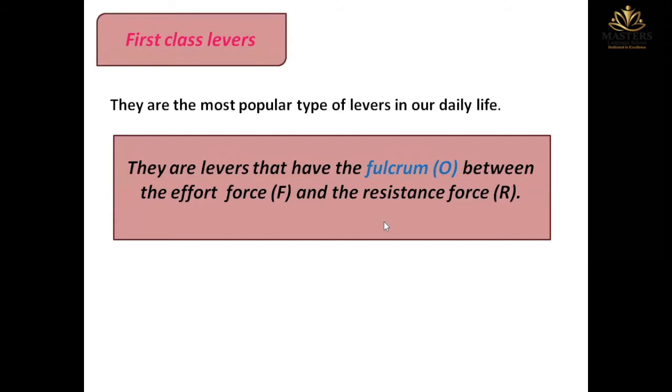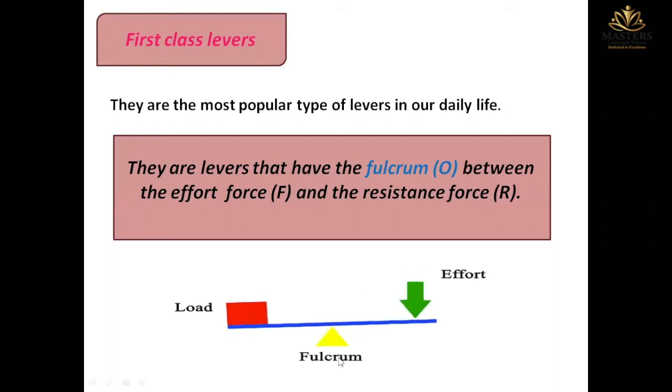They are the levers that have the fulcrum, this is the fixed point where the bar rotates around, between the effort force, this is the force that's done by a person, and the resistance force, this is the force resulting from the weight of the body that we want to move. So the fulcrum, or the fixed point O, is between the resistance force and the effort force.